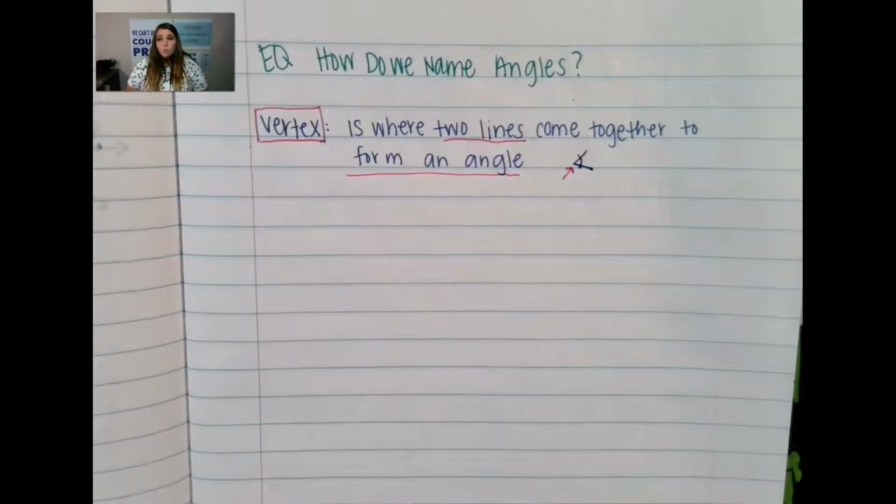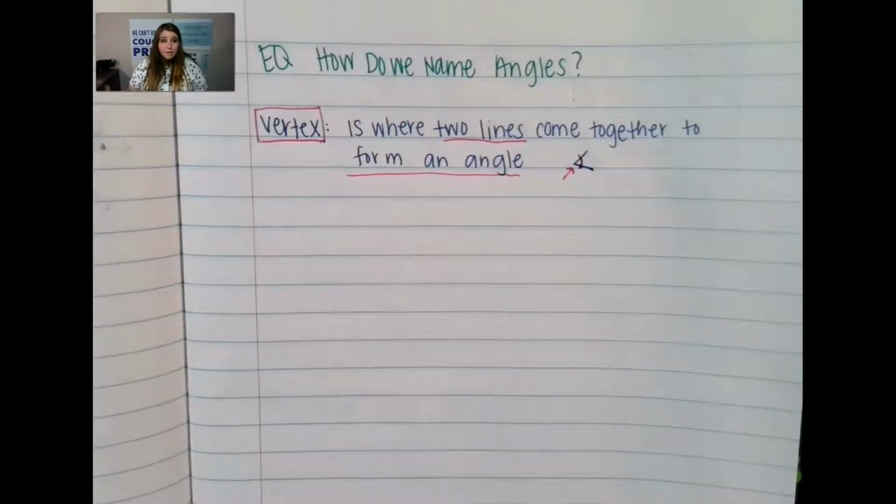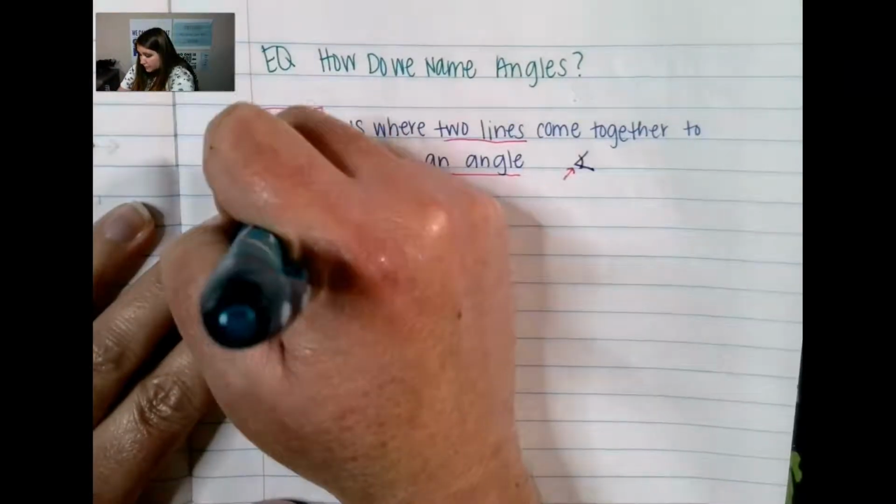So we have several different types of angles that are going to be using a vertex, and so this word is going to be really important. Let's talk about the types of angles that we have. We have first adjacent angles.